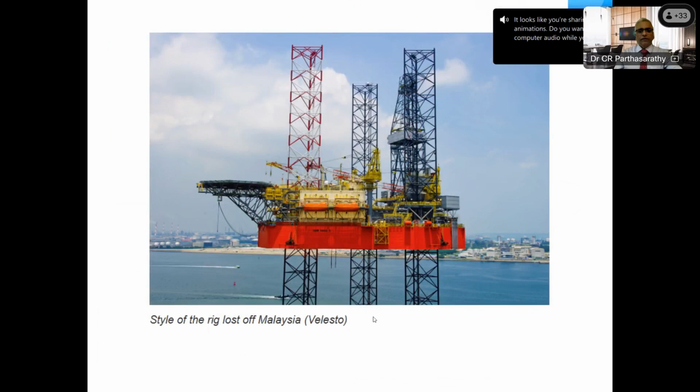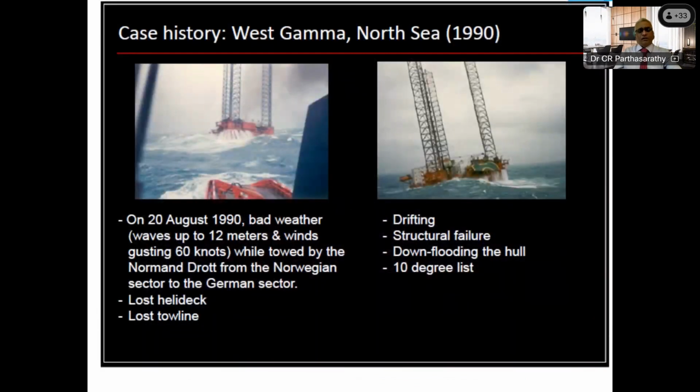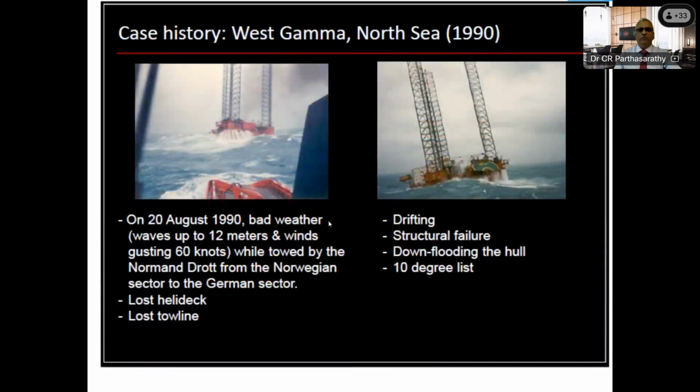You could see one of the rigs recently, as though we lost it due to its punch through problem. It sank offshore Malaysia and had to be taken off. Not only during the rig move at a location, but it's also a risk to tow the rig during the monsoon season.